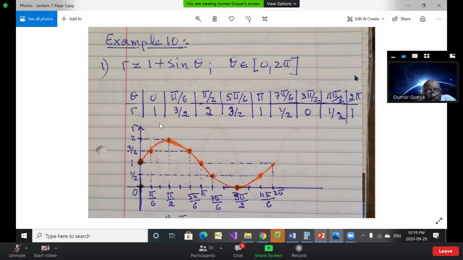So when theta equals 0, r equals 1, the first point is going to be here. That's exactly this one, 0, 1. And when theta equals pi over 6, your r equals 1.5. That's exactly what we got here. At pi over 2, you get the maximum value for r, which is going to be 2.